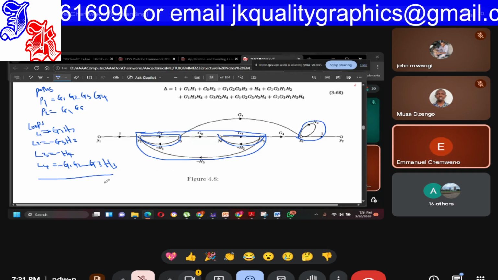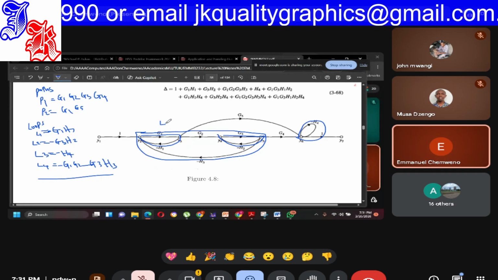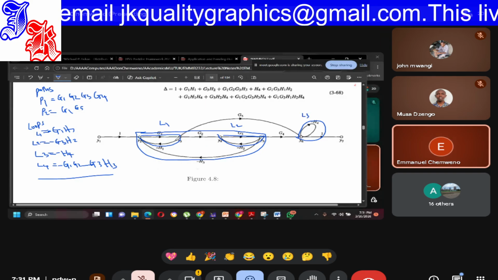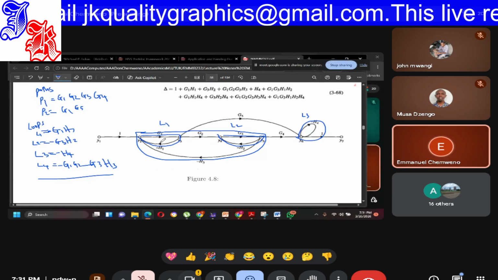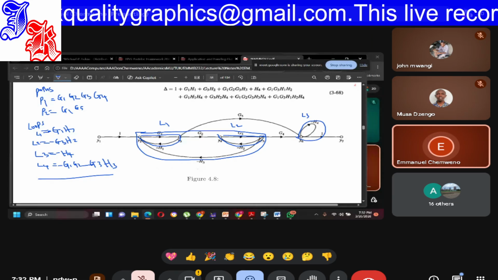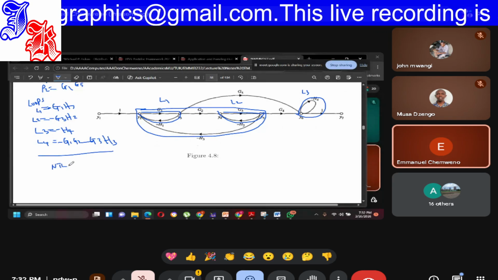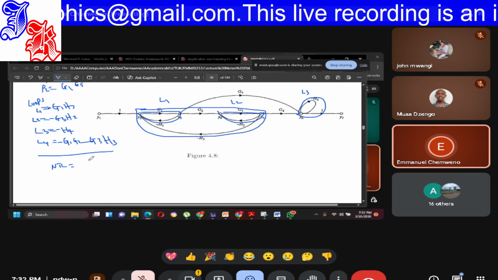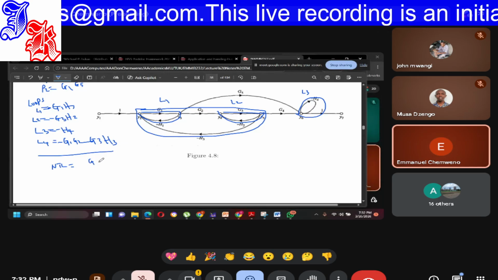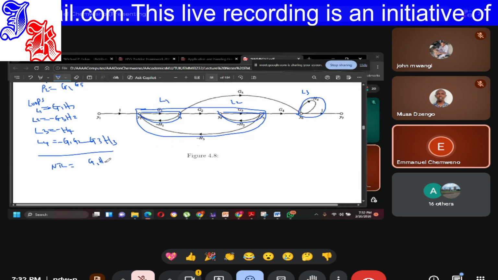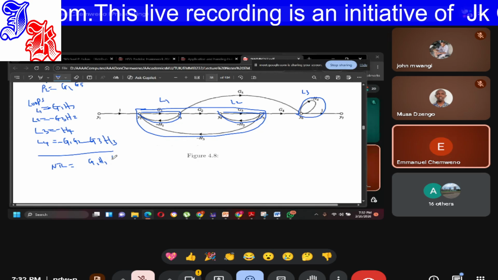Clearly, non-touching loops: loop 1, loop 2, and loop 3. Loop 1 and 2 don't touch. Loop 1 and 3 don't touch. And loop 2 and loop 3 don't touch. So for non-touching loops, loop 1 and loop 2 becomes G1, H1 times G3, H2.